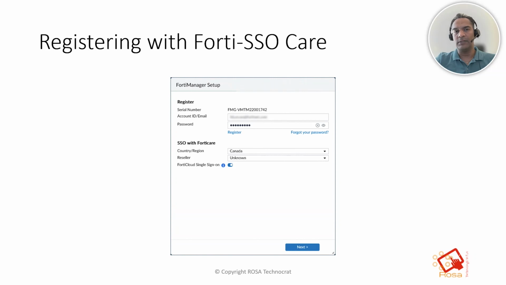It will ask you to log into the FortiCare account, that is your support portal account under which you have the serial number bound. You input the credentials and it will automatically take all the licensing from the support website if your device has internet connectivity. If there is no internet connectivity, then you have the option to manually upload the entitlement file.